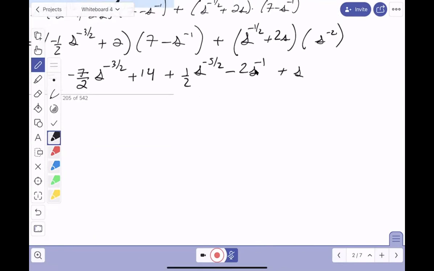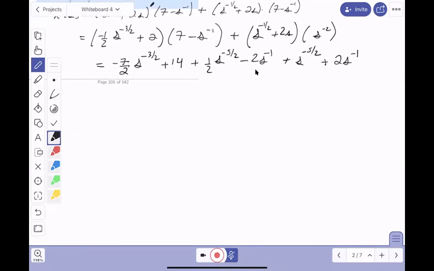Plus s to the minus 5/2 plus 2s minus 1. More work. All right. And I'm going to underline things. I'm going to do the minus 3/2. Well, that's the only one I got there. I'll write it down for you. So it's minus 7/2 s to the minus 3/2.